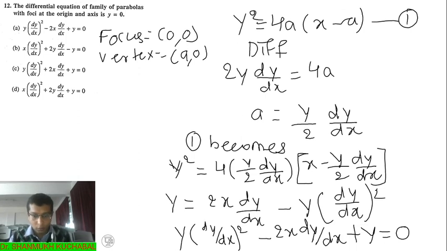Therefore the solution is y times (dy by dx) whole square minus 2x times dy by dx plus y equal to 0. Therefore option A is the right answer.